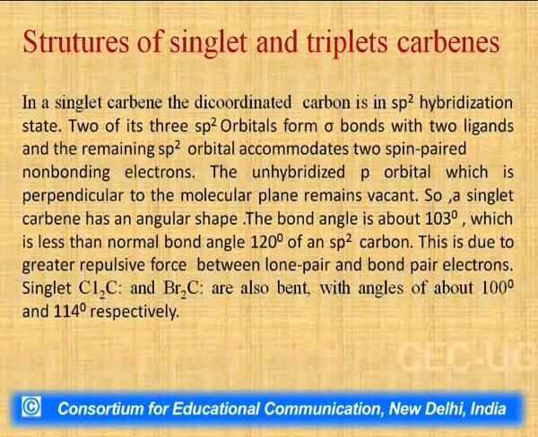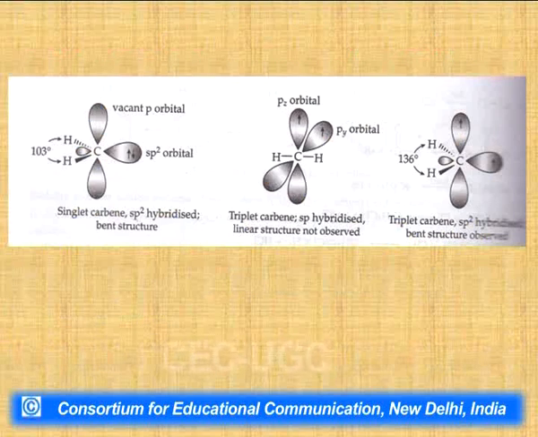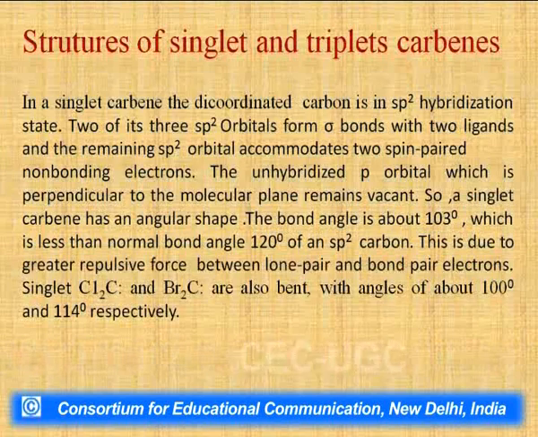The unhybridized p orbital, which is perpendicular to the molecular plane, remains vacant. You can see in the figure that carbon is sp2 hybridized, with 2 sp2 hybridized orbitals for bonding and 1 vacant p orbital.